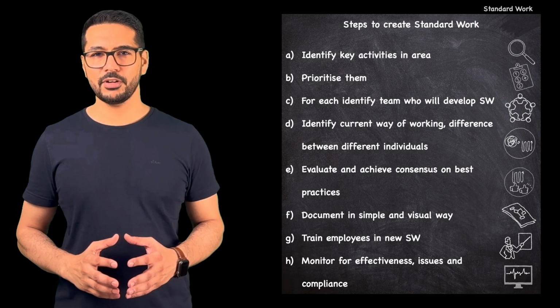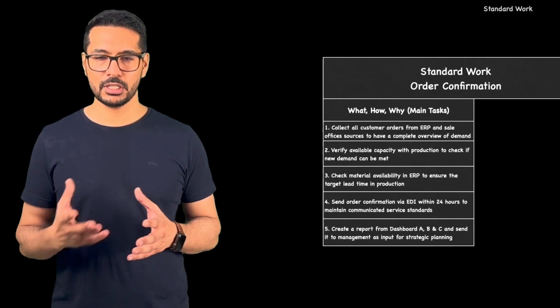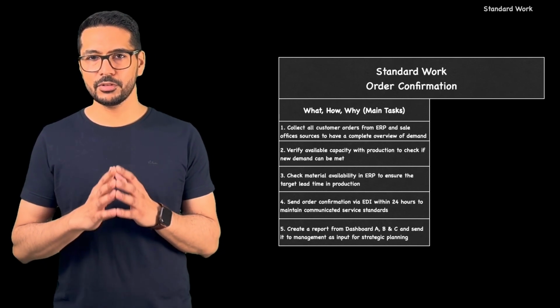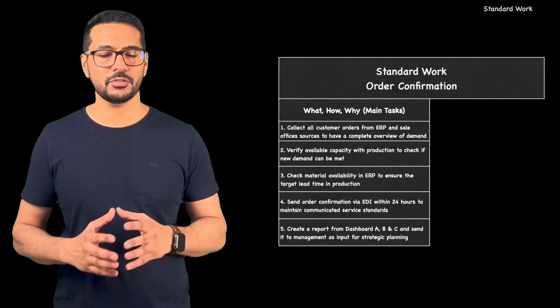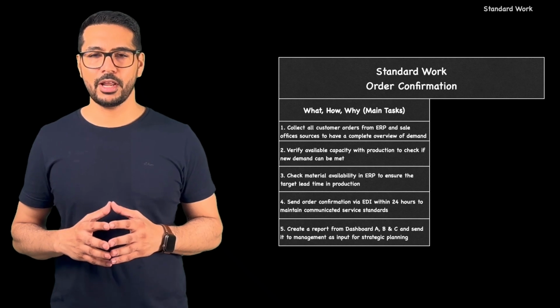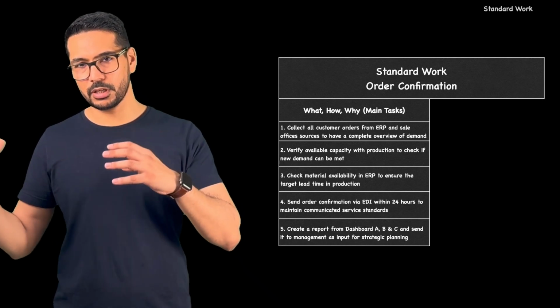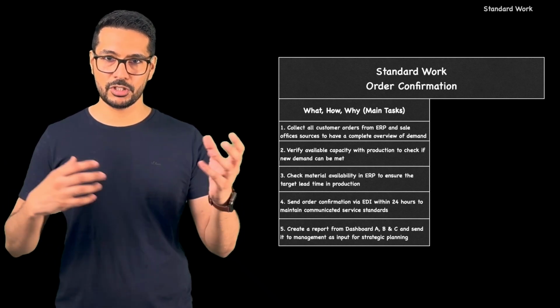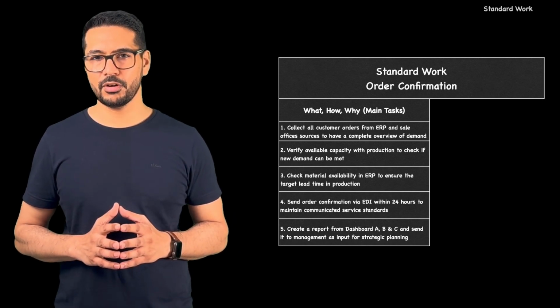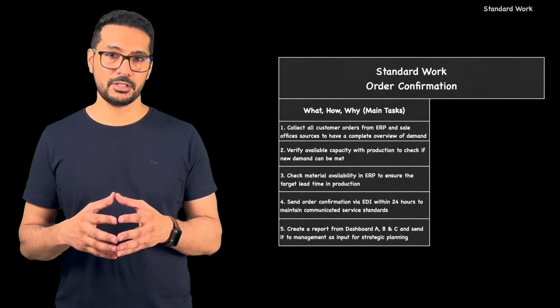Now let's see a very simple example of standard work for the process of customer order confirmation. The first step in standard work is to write all the activities which are being performed. These activities, for example, are: collect all the customer orders from different channels and different branches, and after that check the available production capacity.